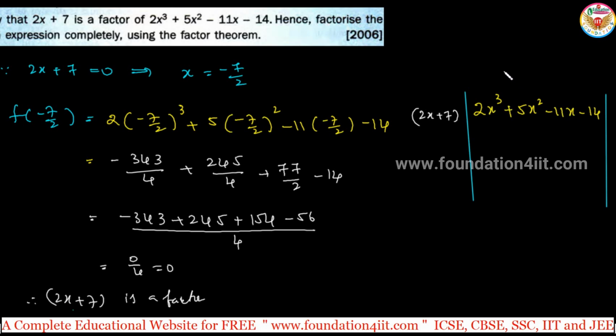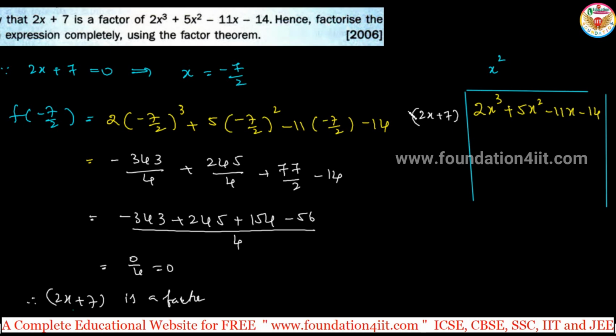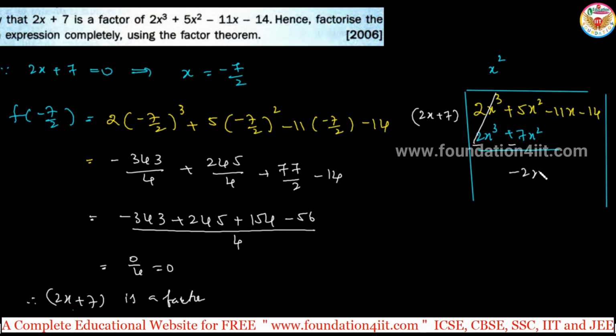So x square. x square you multiply with this entire. So you can keep the line. 2x into x square is 2x cube. Now take this x square and multiply with 2x plus 7: 2x cube, and x square into 7 is 7x square. Subtract this, change the sign, cancel, 5 minus 7, so minus 2x square.